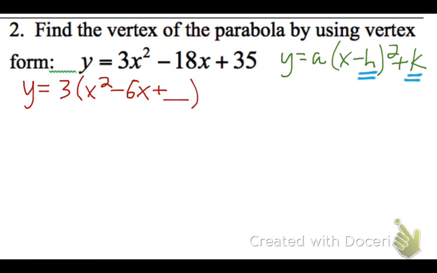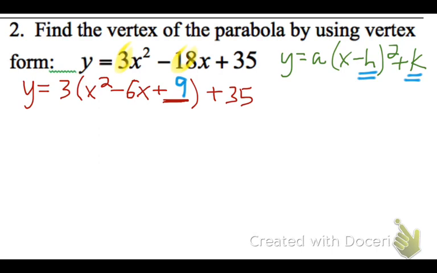The 35 is kind of in the way, so I'll just put it over here. Basically, we took a 3 out of both of these terms. Now we have to figure out what number to add to make x squared minus 6x plus blank a perfect square, and that would be a 9.